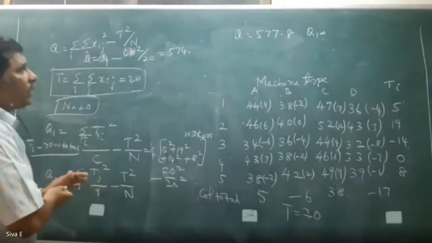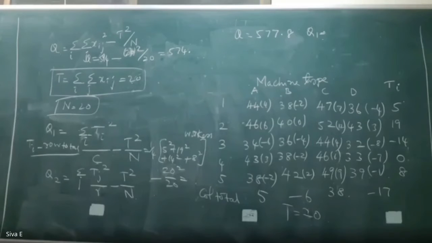What you get? 141.5. Q1 is, number of columns are 4.